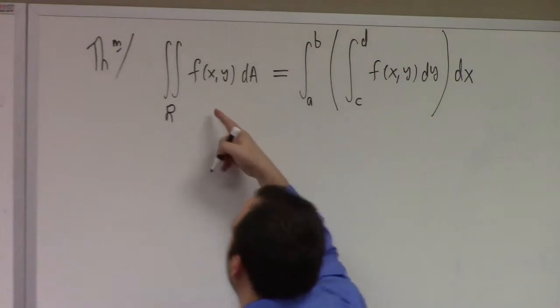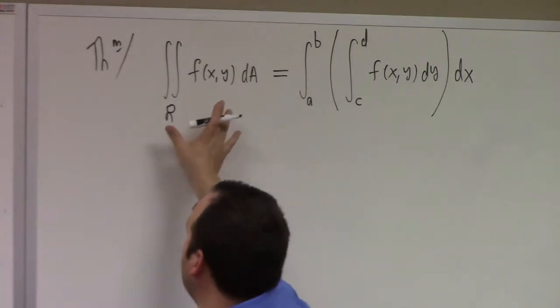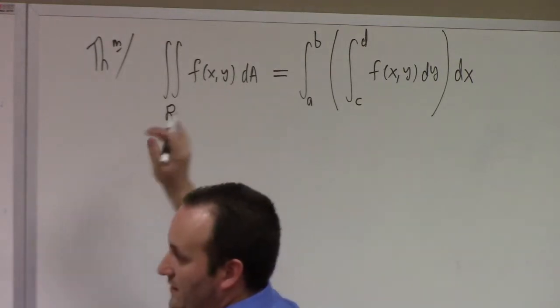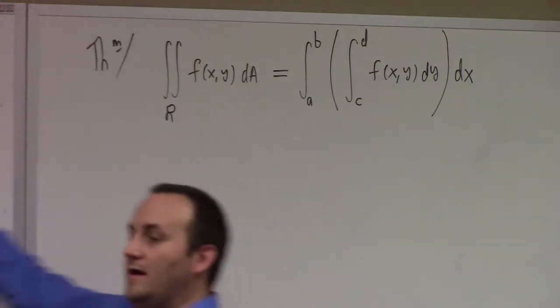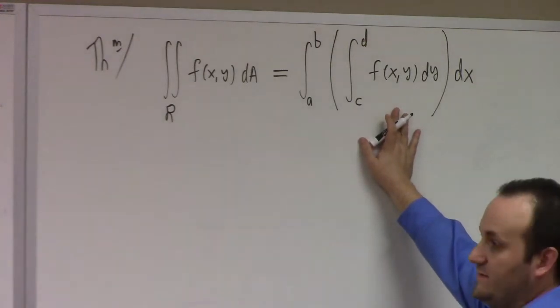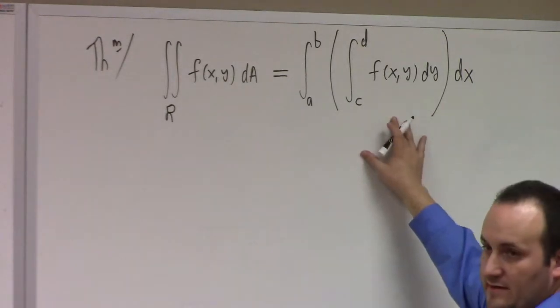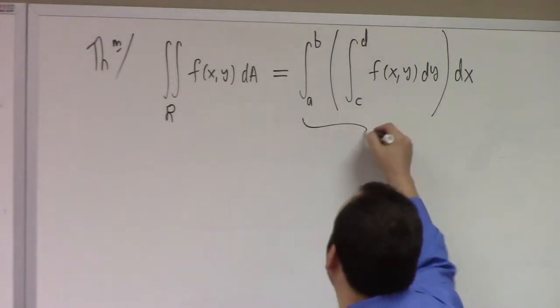On the left-hand side, I'm talking about the double integral as we just defined. On the right-hand side, I have a derived result. This theorem states that you can calculate this double integral in terms of what's known as an iterated integral. So this is an iterated integral.